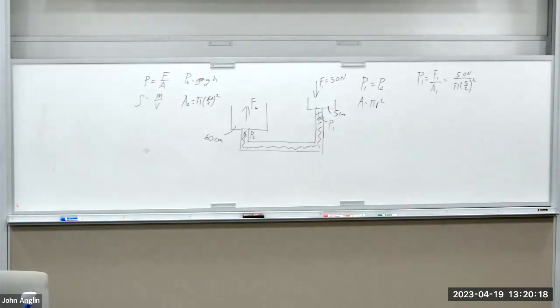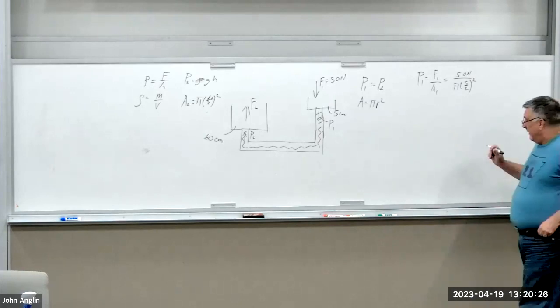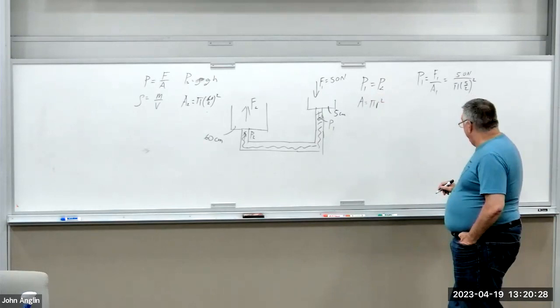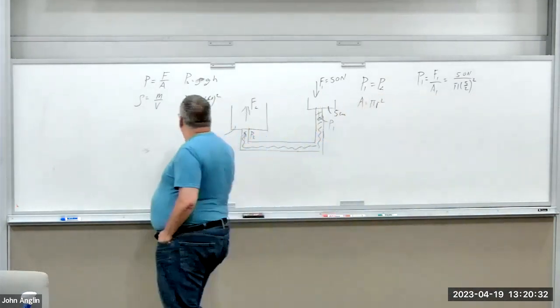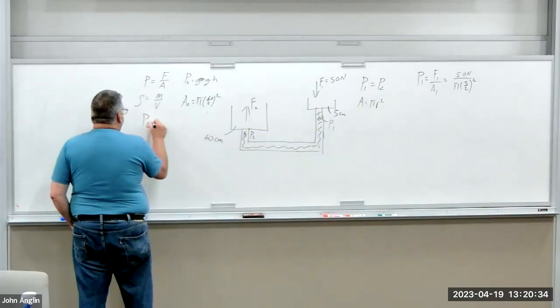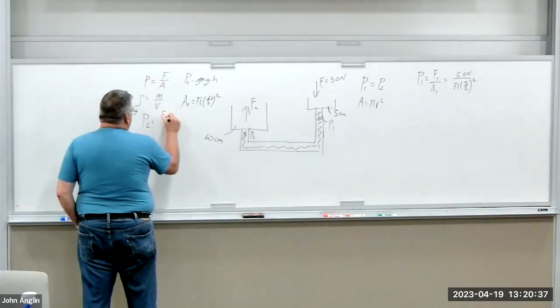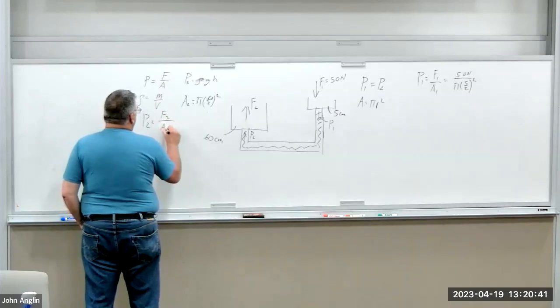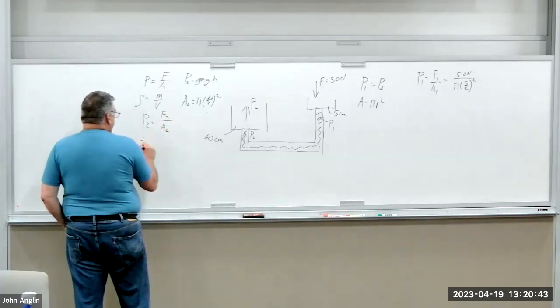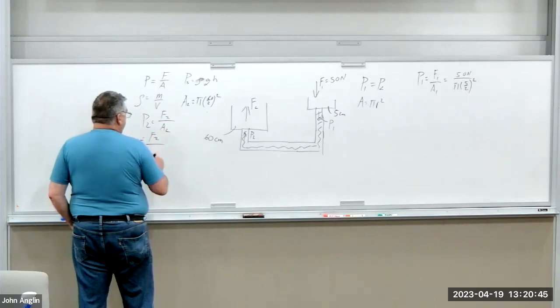then we can say that since the pressures are equal, we know that P1 is P2. Well, here's P1. P2, by the way, should be no surprise, should be F2 over A2. We're trying to find F2.